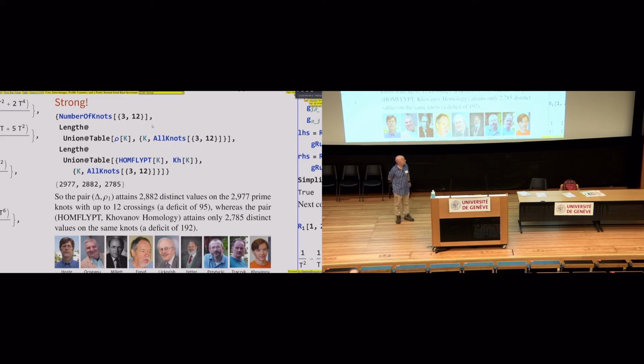My speculation is that this really is just a low crossing number coincidence. For example, if you're taking a knot with 1,000 crossings, it's likely that somewhere you will be able to do a mutation. And then most of these invariants don't detect mutations. So likely this is a small crossing number coincidence.